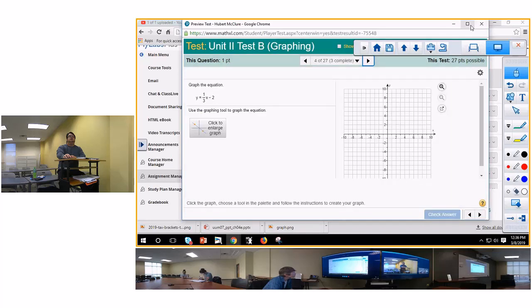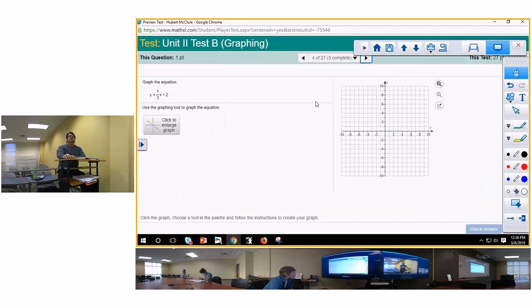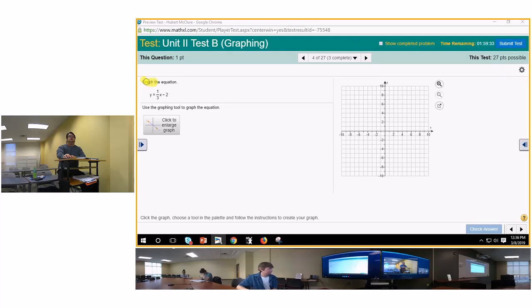All right, graph. Now, I haven't covered this, but look at this. Does it give you a method? No. If it doesn't give you a method, then you can use any method you want. Write that down in that notebook. A graph by itself means you can use any method you want.